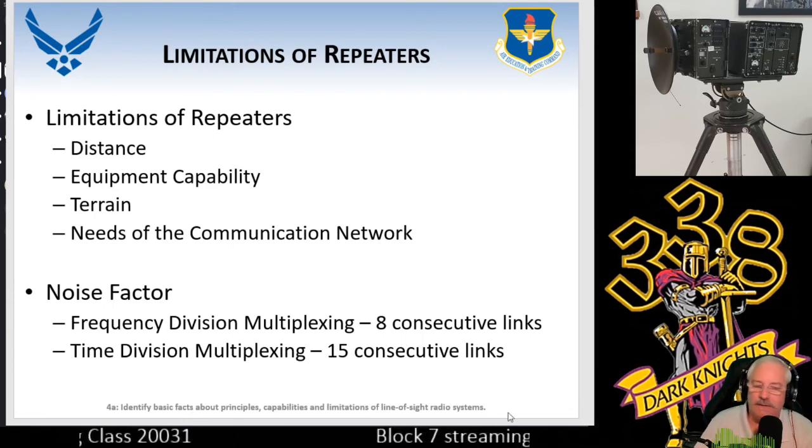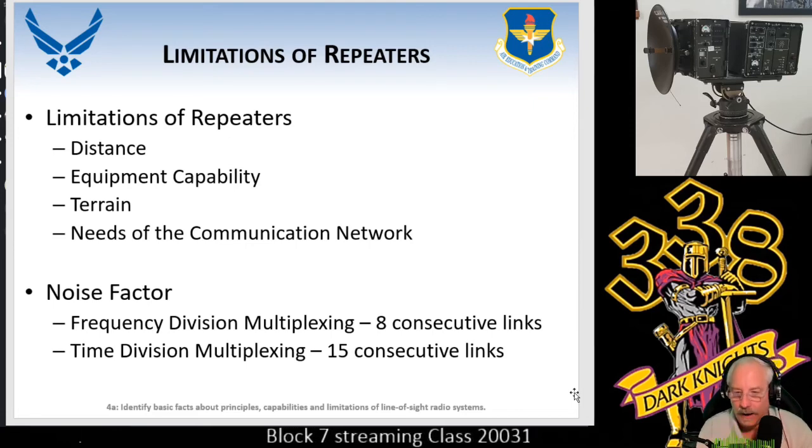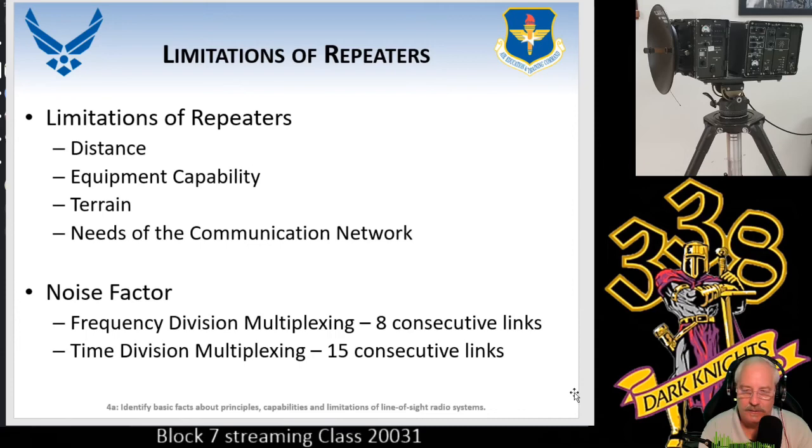Noise factor. Again, this has everything to do with the style of the type of repeater. With frequency division, in other words, that's at RF, you are looking at 8 consecutive links before noise overshadows the information that's on it. TDM, which is basically the baseband, you're looking at 15. So that's how many links that you can do in there.